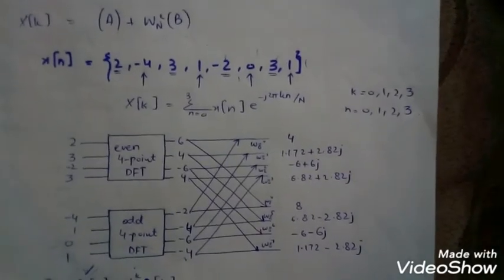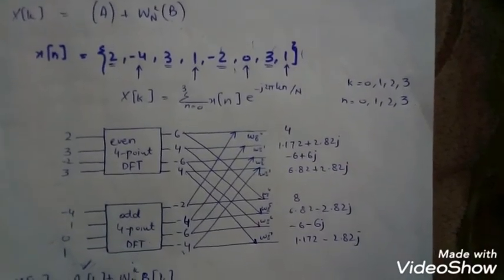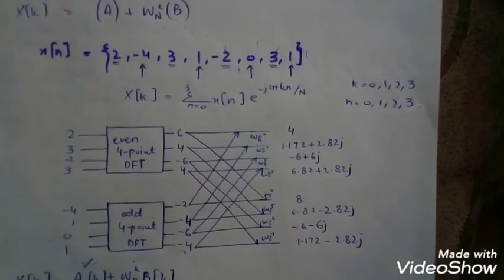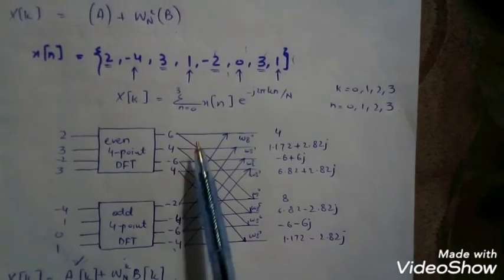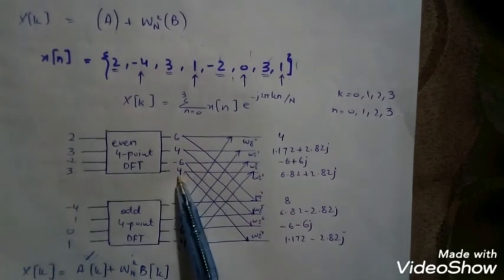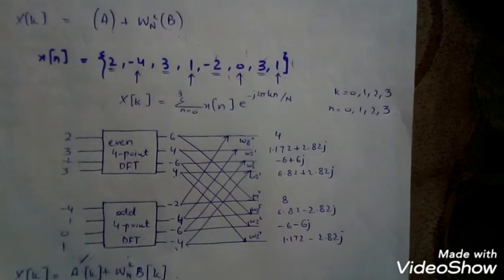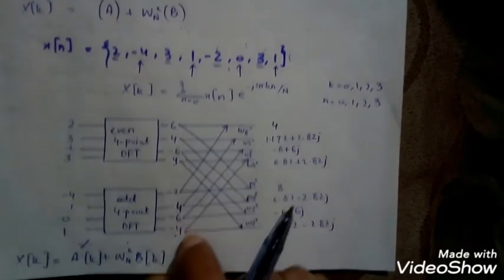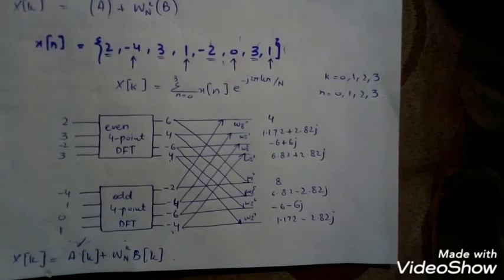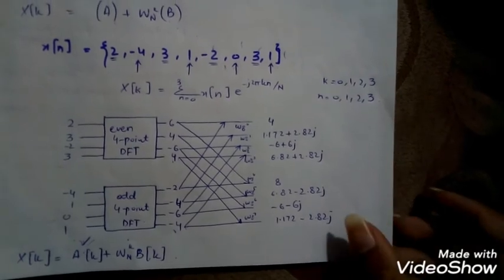Similarly, the odd 4-point DFT is W84, W85, W86 and W87. When all these Ak and Bk are put into this equation, we will get the final equation: x of k is equal to Ak plus Wn up to k into Bk.